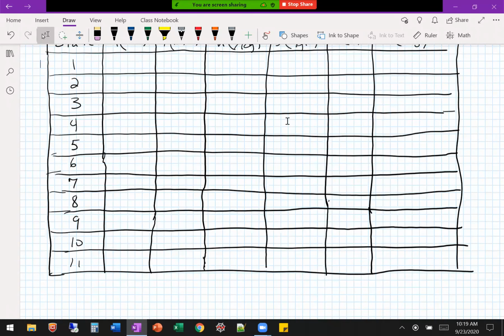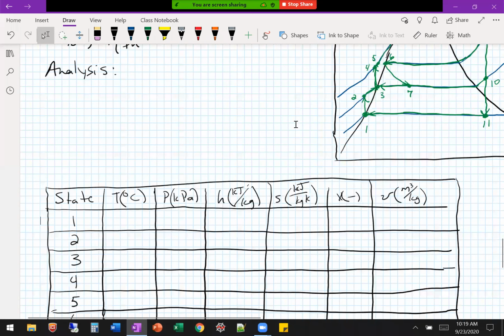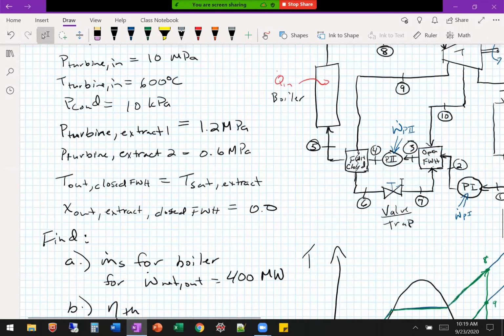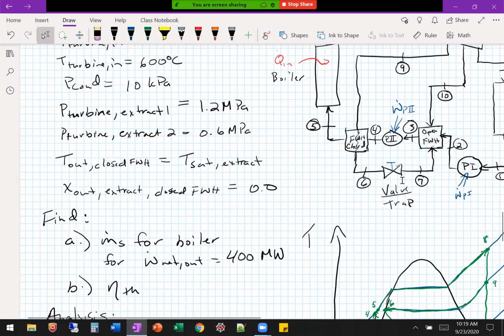Can I explain again state 6 to 7 to 3, the trap part? Okay, so this is a valve. Just like a throttling valve, they might call it a trap.